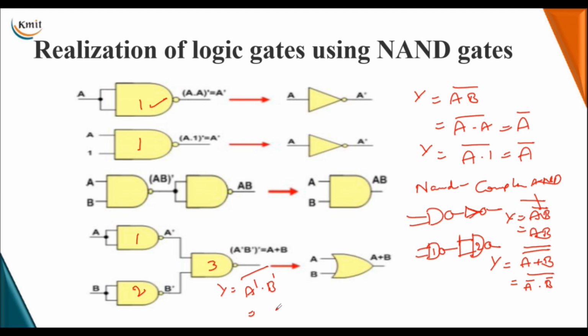Using De Morgan's theorem, (A bar AND B bar) whole bar is equal to A OR B, since the double complementations on the two inputs give the uncomplemented inputs, so A OR B. Like this we implement OR using three NAND gates.